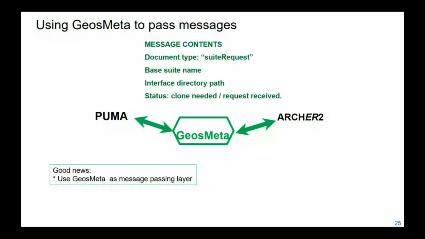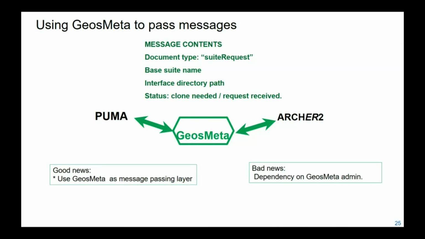And the message contents are document type of suite request, and then the base suite name and the interface directory path, and the message also holds the status, so that the one message written to GeosMeta only triggers one clone rather than repeated ones.